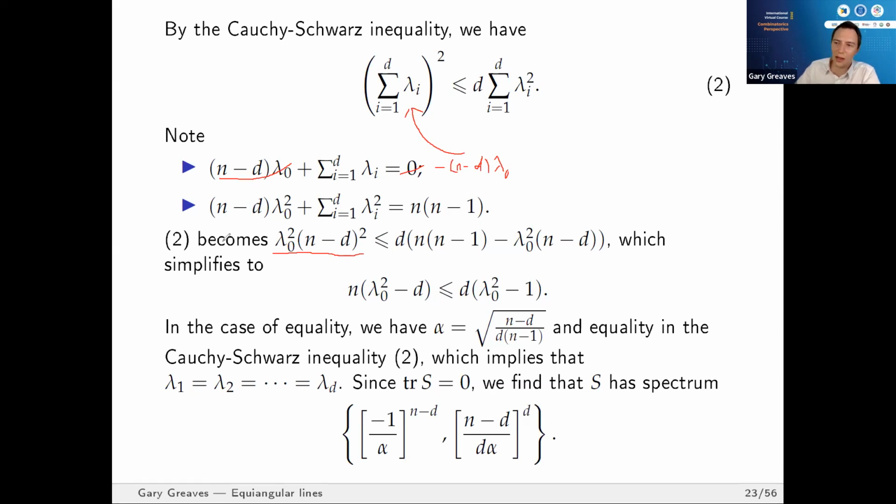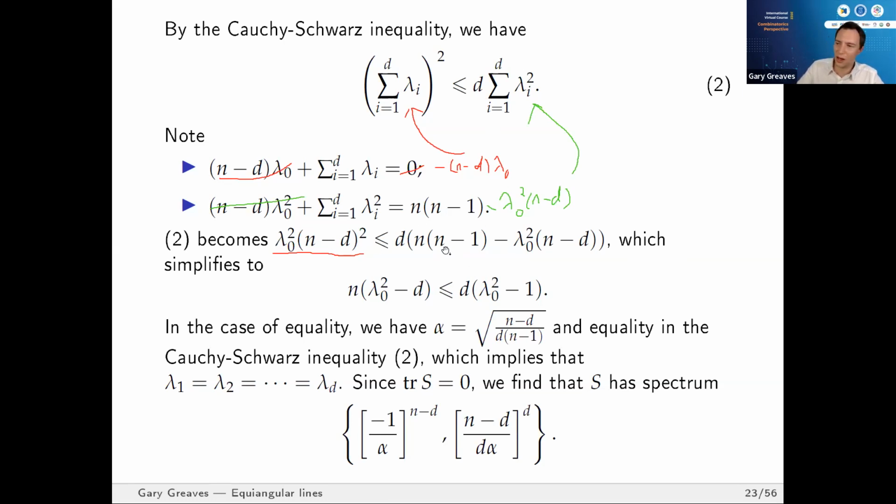And similarly, I can put this on the other side. So this will be minus lambda 0 squared times n minus d. And then I can put that over here. And then this Cauchy-Schwarz inequality becomes this inequality here.